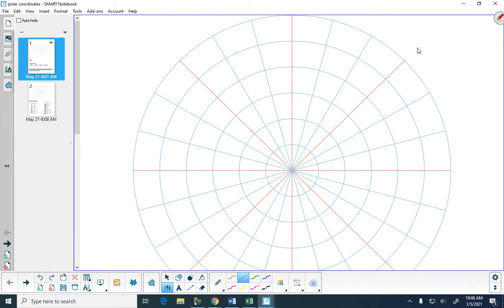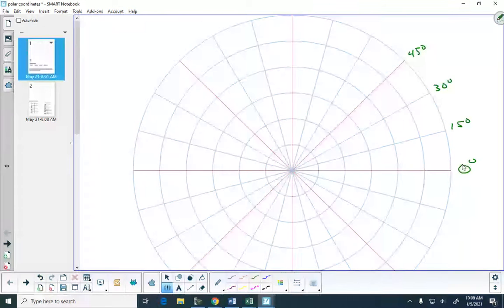So our degree measure on the line that goes to the right is going to be 0 degrees. In polar coordinate graph paper, there are a lot of different kinds. This one will count out by 15 degrees. So this would be 15 degrees, this would be 30, this would be 45, this would be 60, 75, this would be 90 degrees.